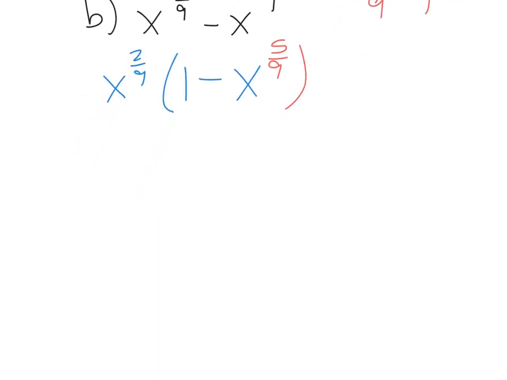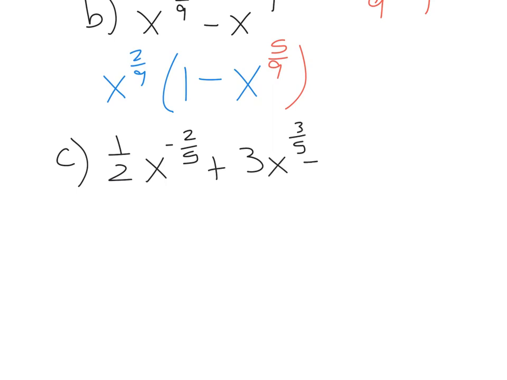For letter C, we have 1/2 x to the negative 2/5 plus 3x to the 3/5 minus 1/7 x to the negative 1/5.